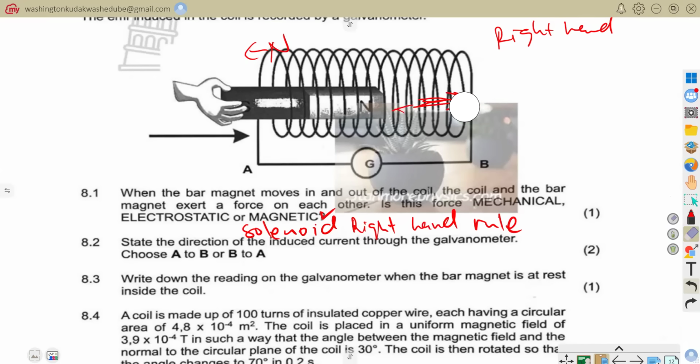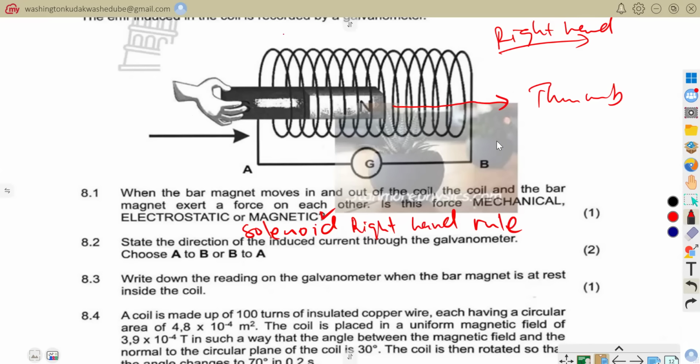So if you are using your right hand rule on a solenoid, you have to point your thumb towards where the north is actually pointing within this magnet, as the magnet is entering the solenoid. If you are having a south pole here, your thumb would be pointing towards that side. But if you're having a north pole here, your thumb will be pointing that side.